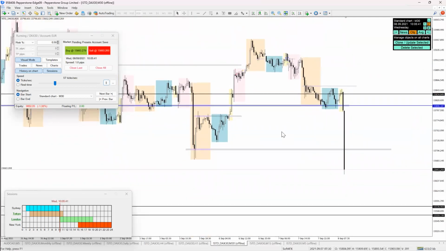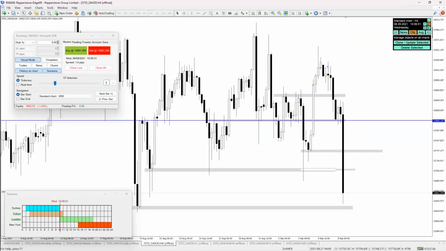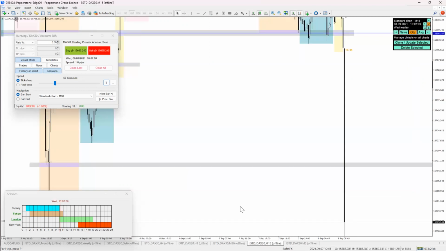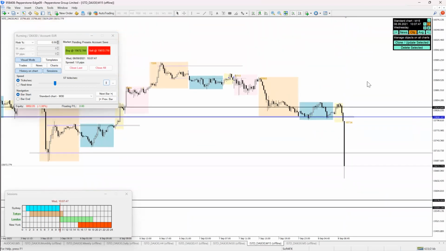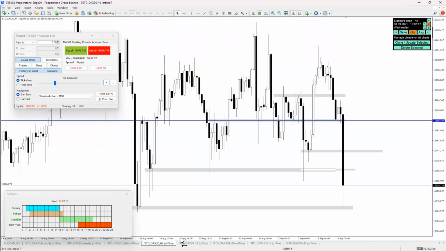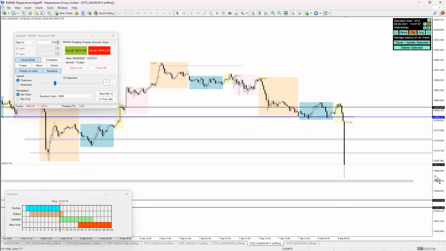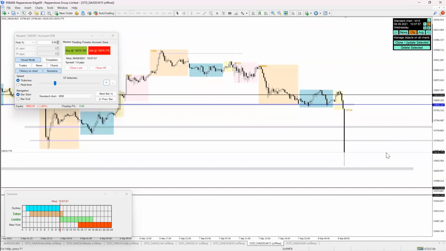Okay. Heavy volume. So because the momentum's to the downside, what we need to wait for is a resistance and then keep on going down.